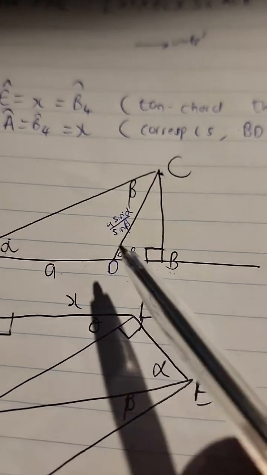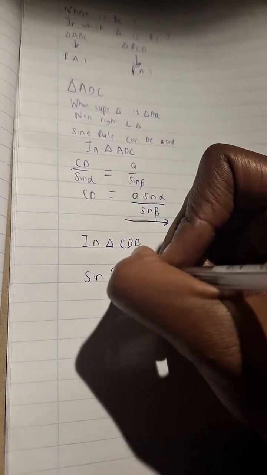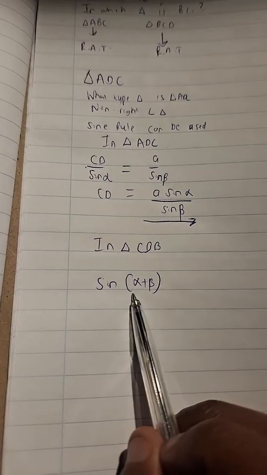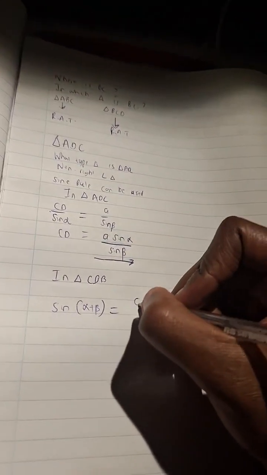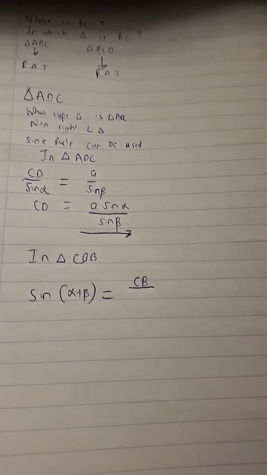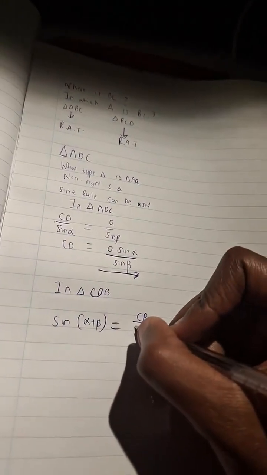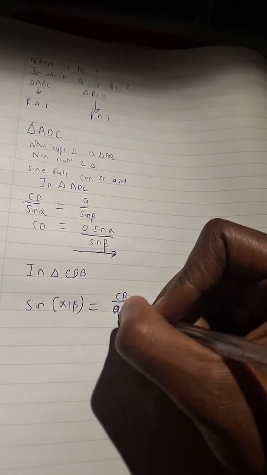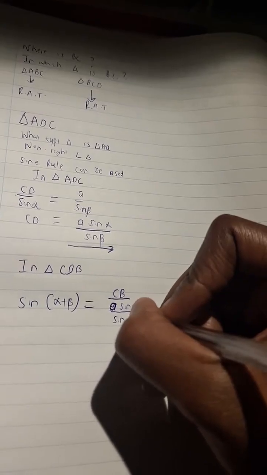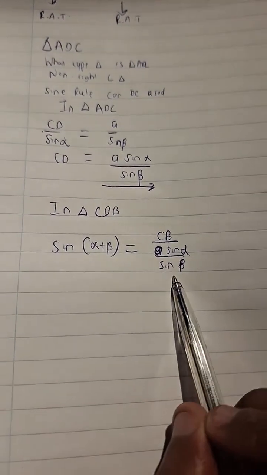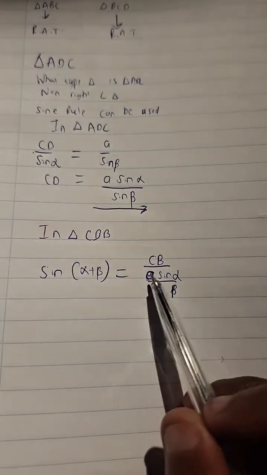So let's go then. We are going to use the sine of this angle. The sine of alpha plus beta is equal to my opposite side, CB, or BC if you want, whether it's CB or BC doesn't really matter, over the hypotenuse, A sine alpha over sine beta.